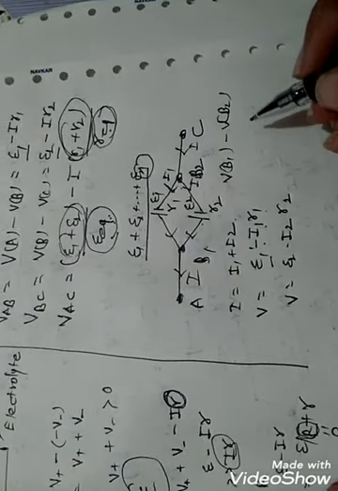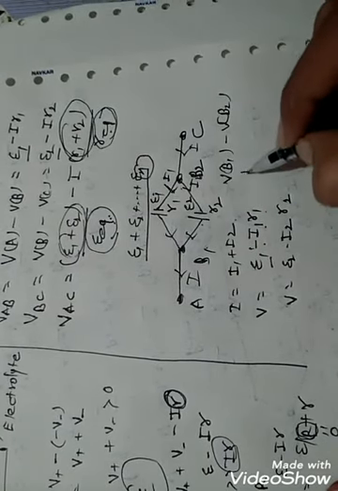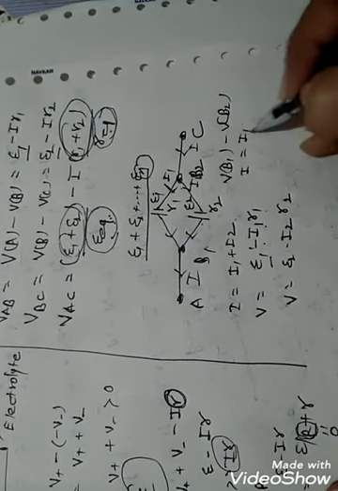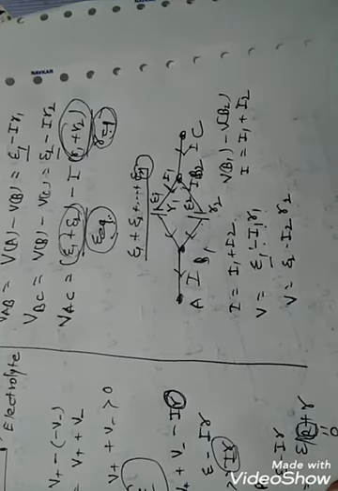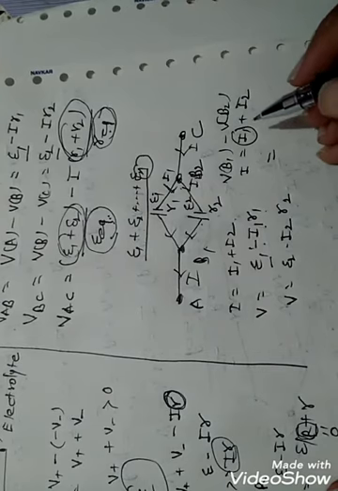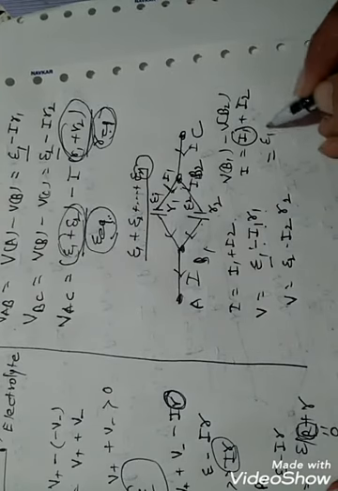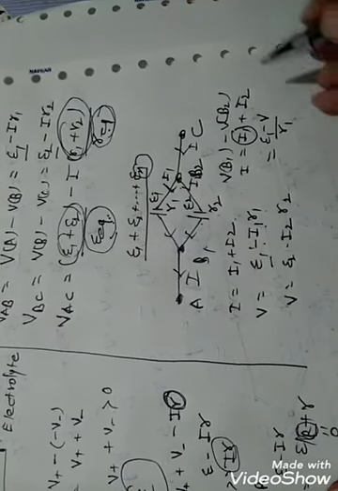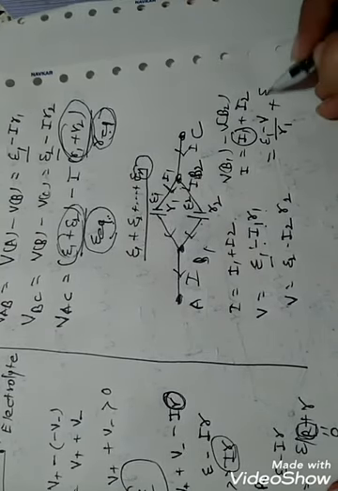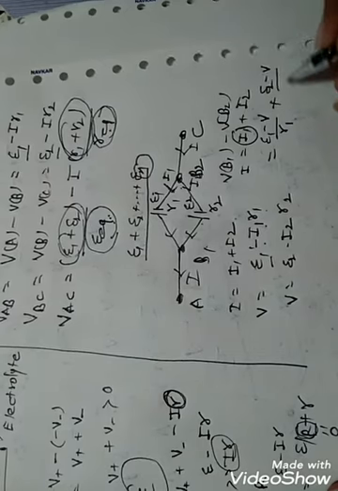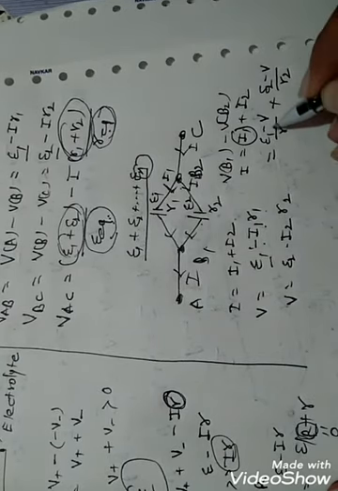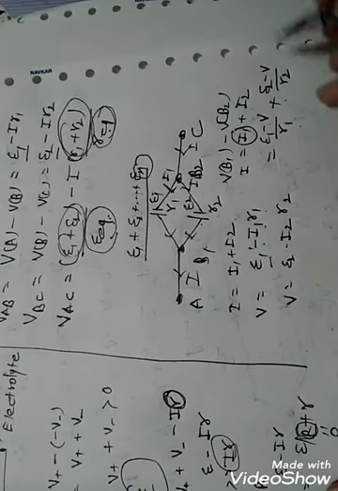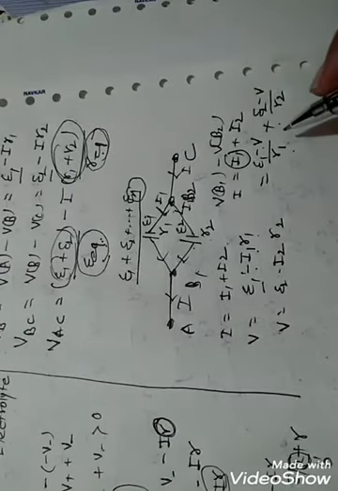Combining the last three equations, we know that I is equal to I1 plus I2. So I is equal to E1 minus V upon R1 plus E2 minus V upon R2.